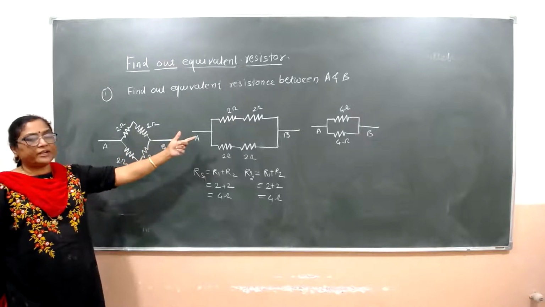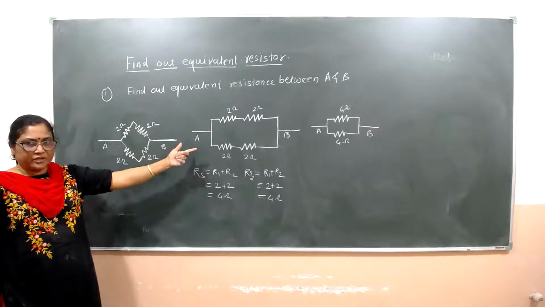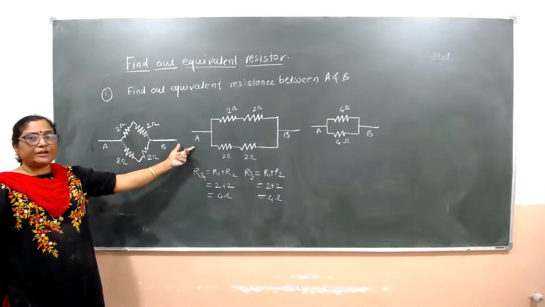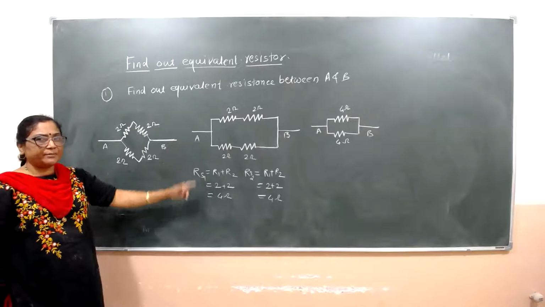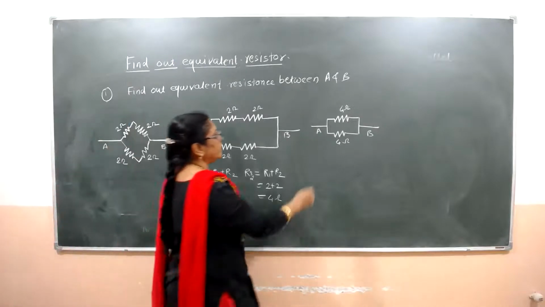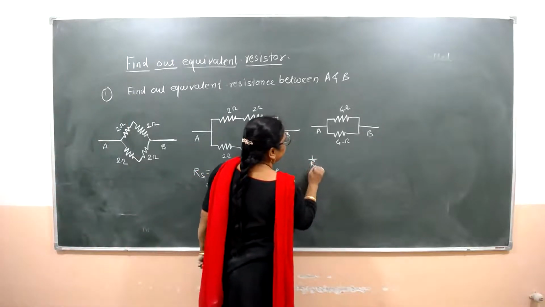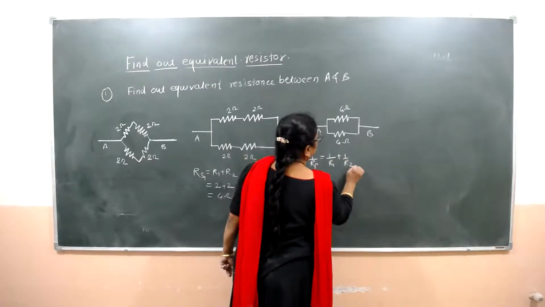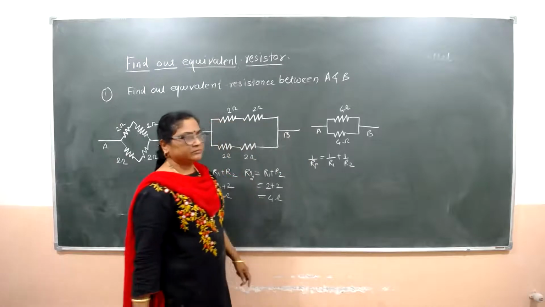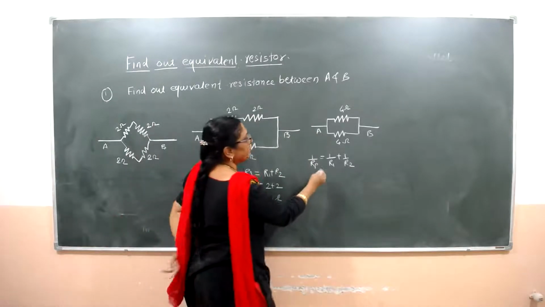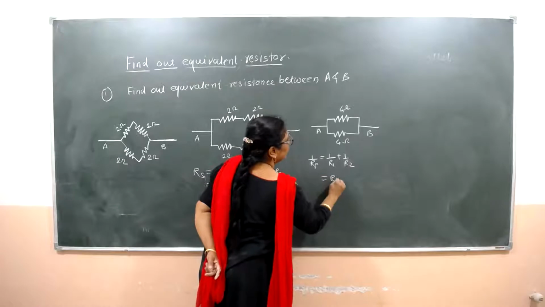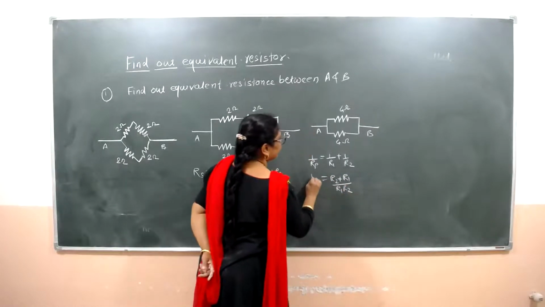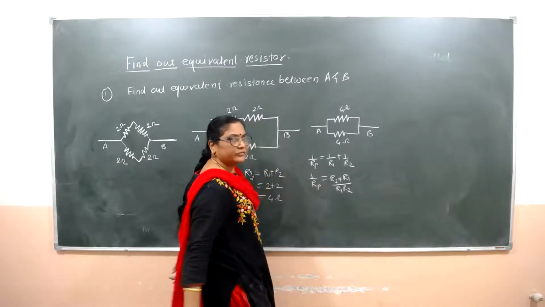But next we find the parallel combination. And we know that for parallel combination, 1 by Rp is equal to 1 by R1 plus 1 by R2. Therefore, the next one is parallel. That is, 1 by Rp is equal to 1 divided by R1 plus 1 divided by R2. Otherwise, if we take the direct formula, R2 plus R1 divided by R1 R2 is 1 by Rp.